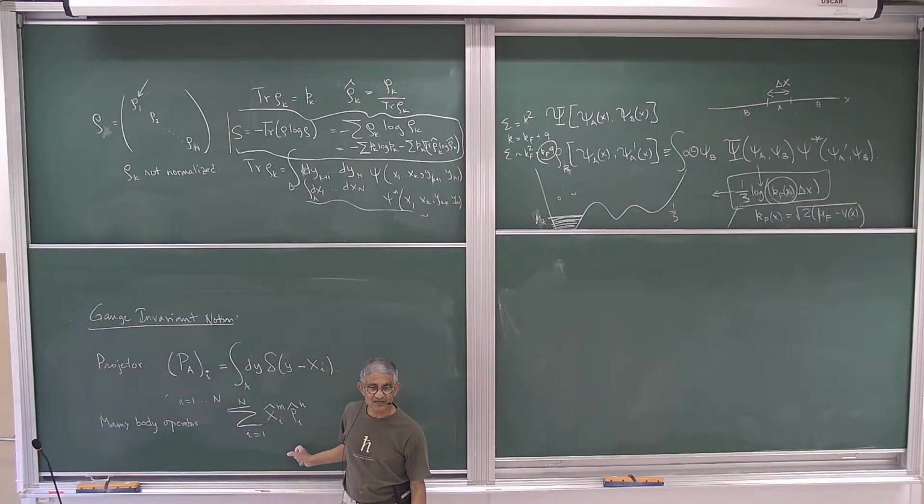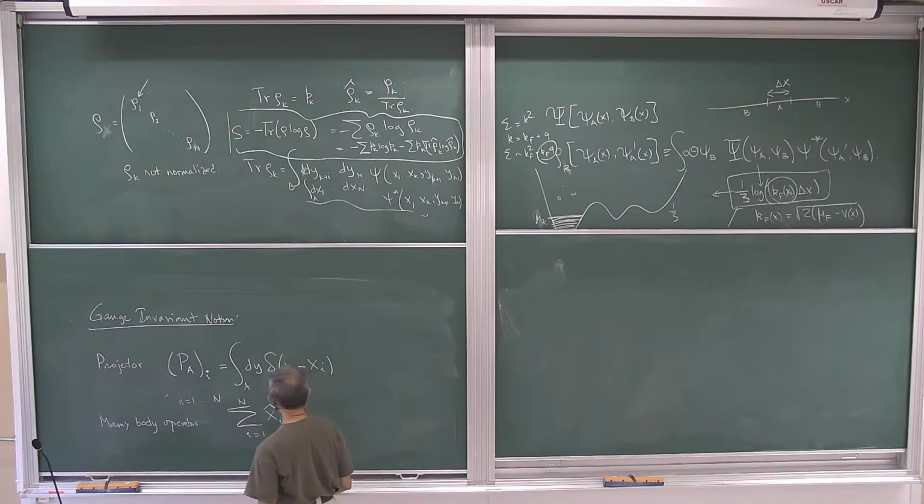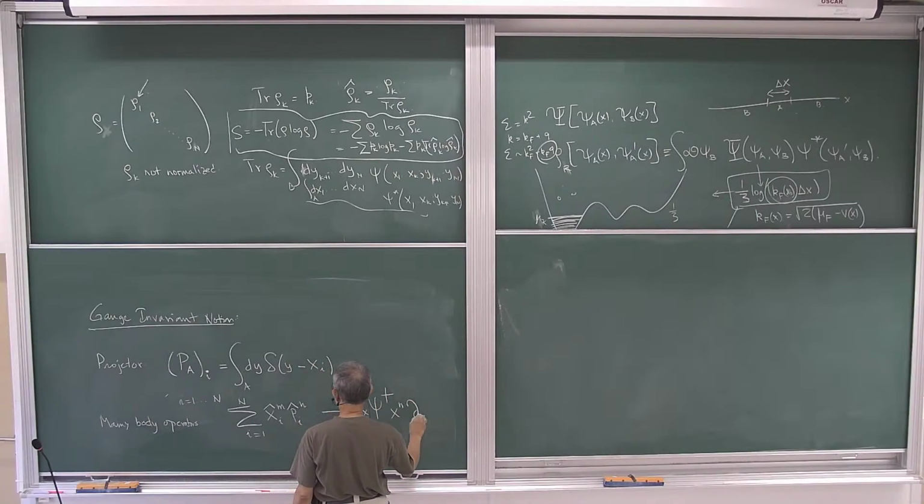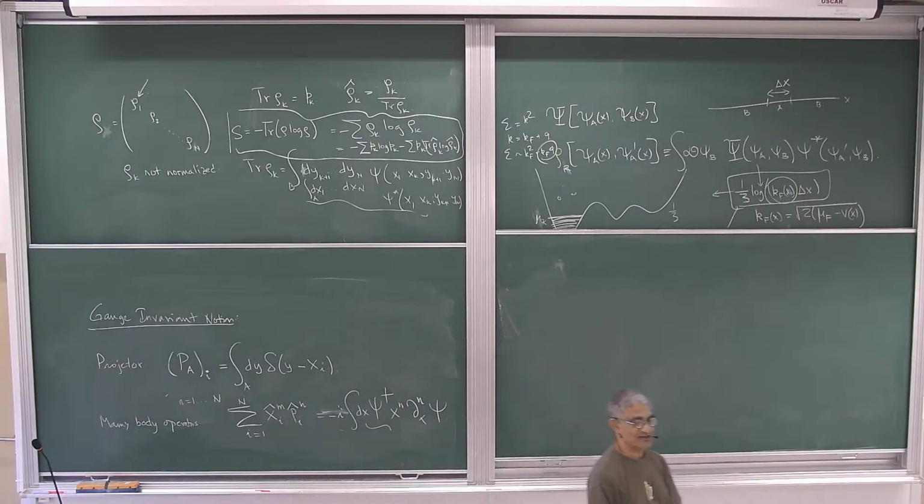This is the object which has a second quantized description. This is the second quantized description of that operator, where psi is the second quantized field. But there has to be a sum always.